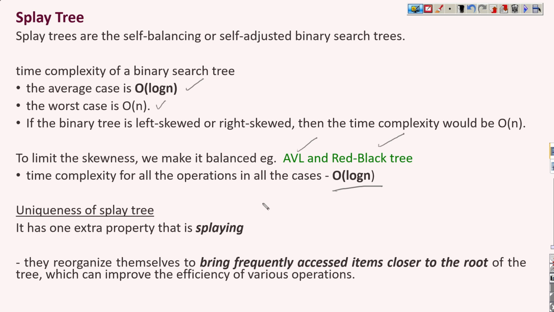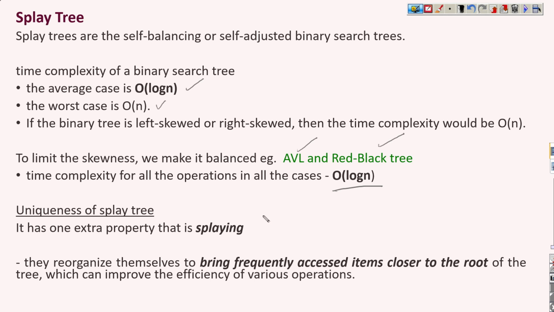If this is what is observed, that only a particular set of data is being used at any point of time, then the splay tree is a fantastic data structure to use, because all the items that are frequently accessed are brought closer to the root. Every time we access any data item in the splay tree, it will bring it to the root. So all those elements which are accessed become the root or move nearer to the root.